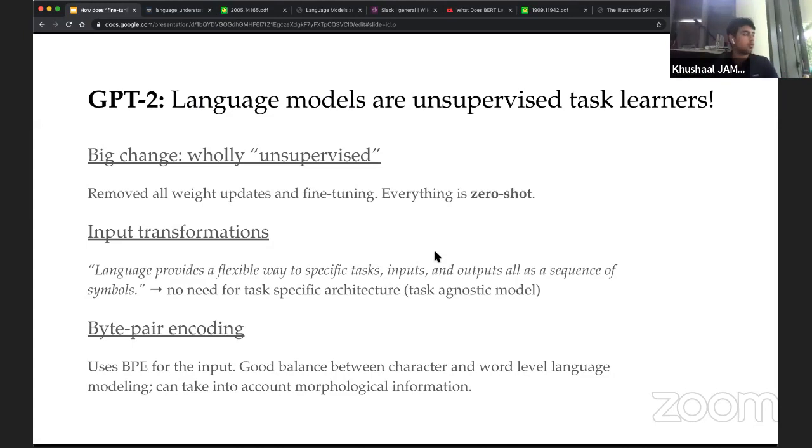One example might be you give it a question and then an answer: you write question colon whatever it is, answer colon, and it's expected to answer the question, taking into account the preceding text. And so the global minimum of the pre-training objective is in theory the same as the global minimum of the fine-tuning objectives, at least in a toy setting. The problem then becomes, how do you practically achieve that? That's something the GPT paper explored.